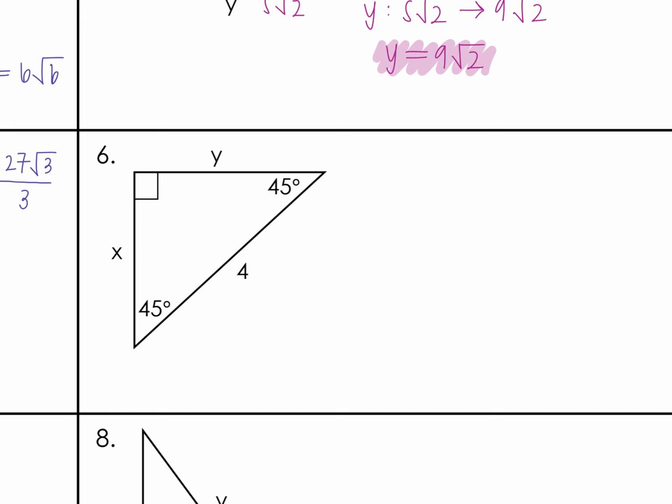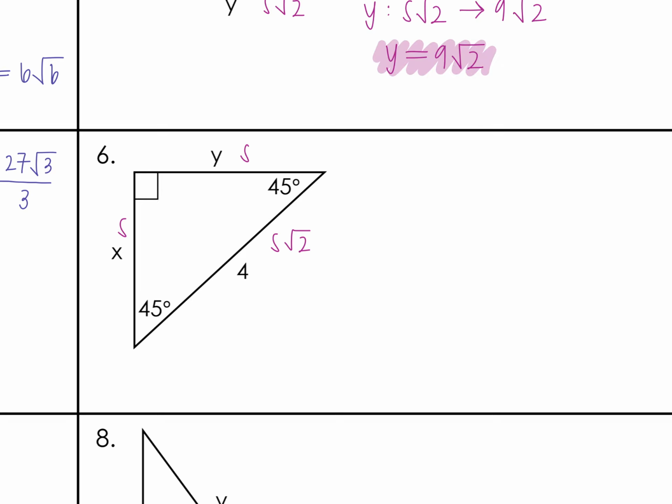Okay, so for number 6 here, we see that 45, 45, and 90. So we are going to label with our s, s, and s root 2. Okay, so here, once we find our s, we'll actually have the answer for x and y, since they are the same.